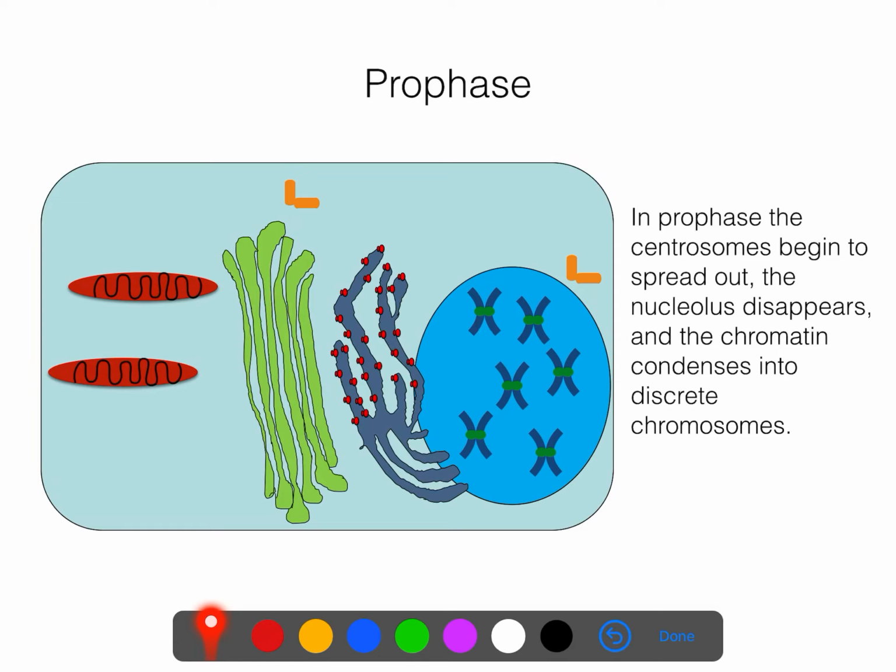Each of these chromosomes has 2 chromatids, bound together at the centromere, which is that little green thing there. In addition, the centrosomes begin to migrate to opposite sides of the cell.